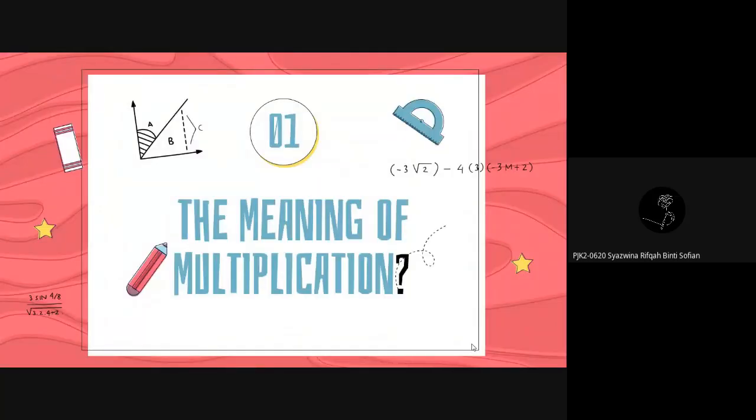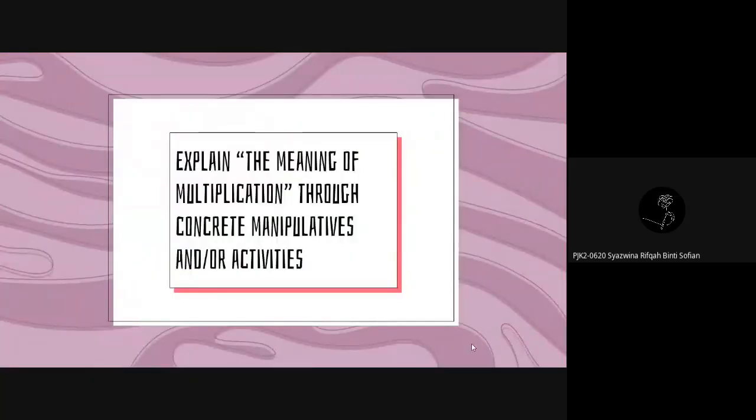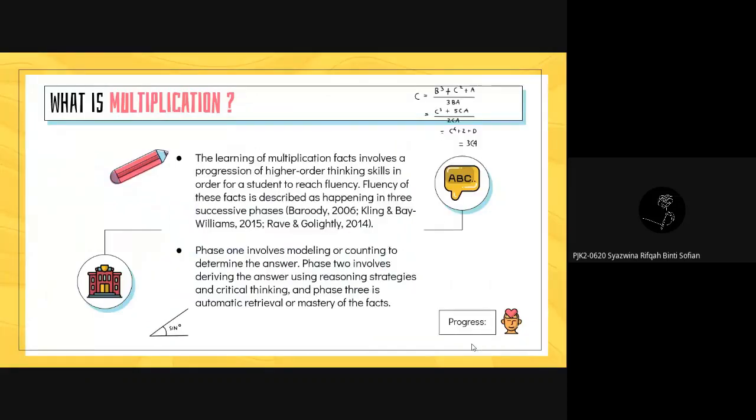Before that, I'll tell you the meaning of multiplication first. Multiplication is the learning of multiplication facts, which involves a progression of higher order thinking skills in order for a student to reach fluency. Fluency of these facts is described as happening in 3 successive phases.